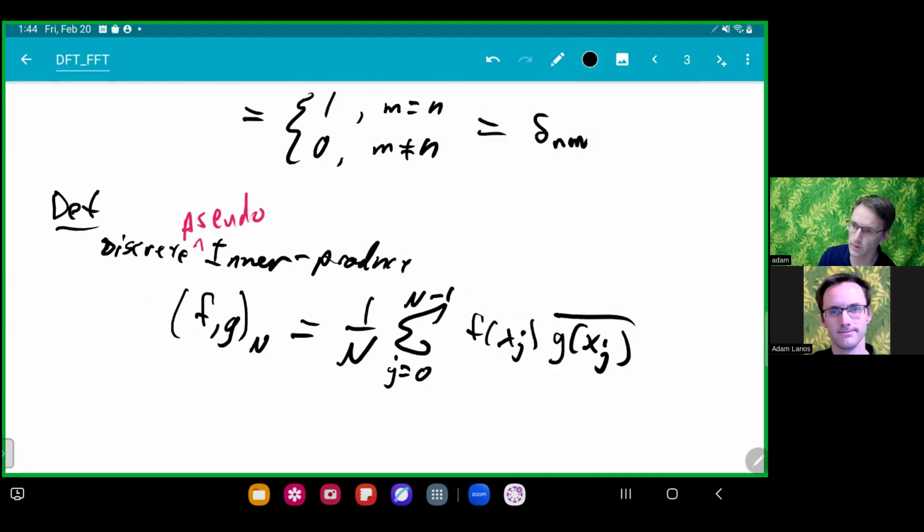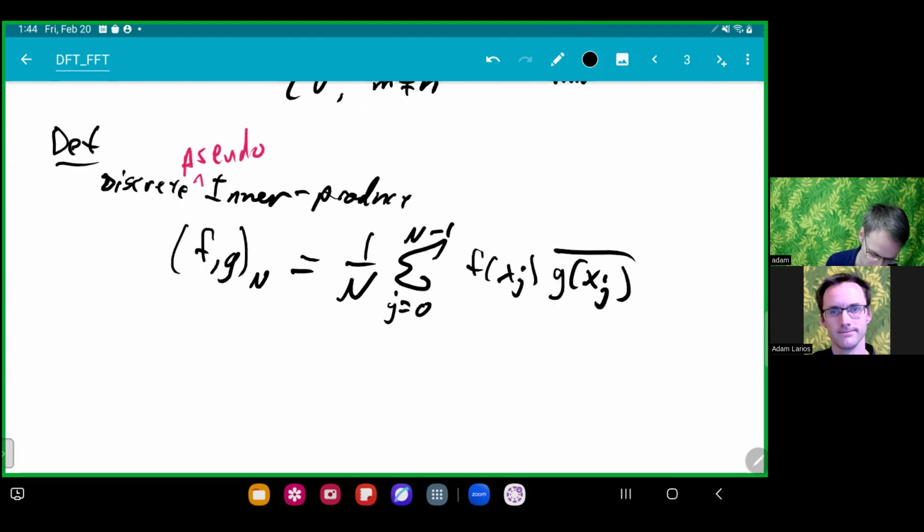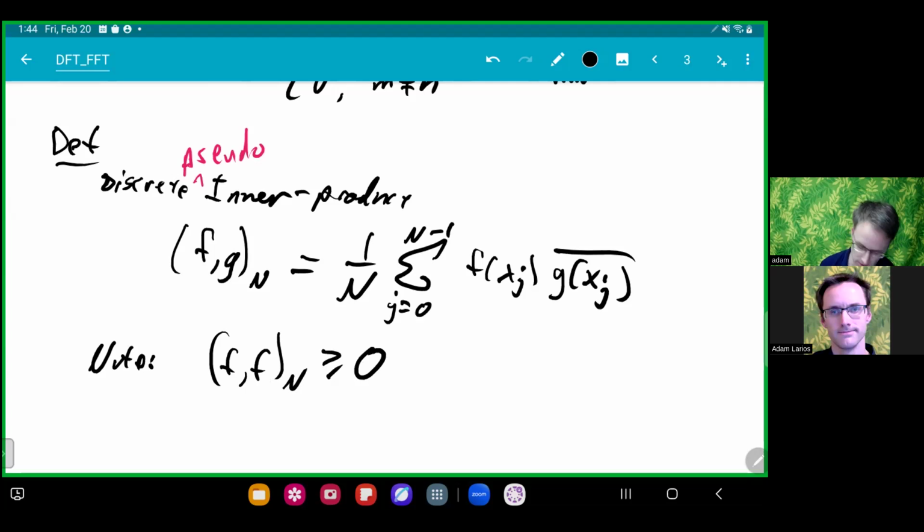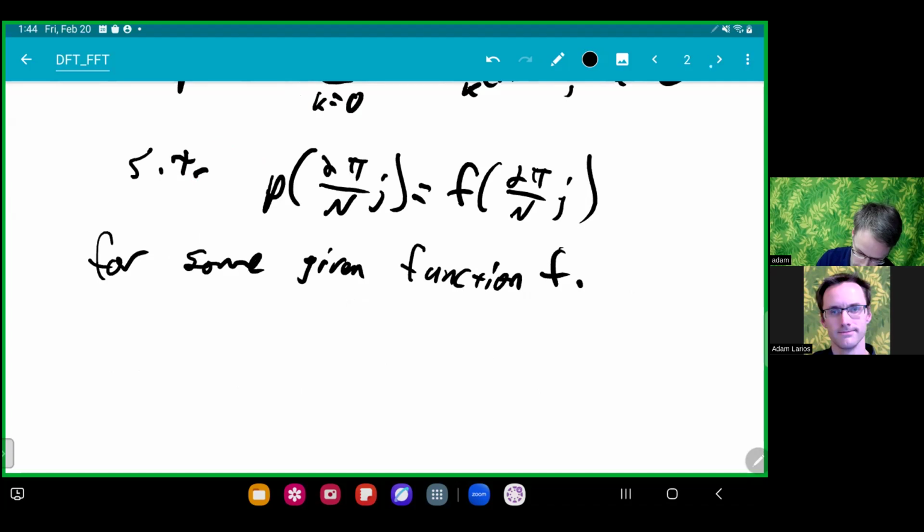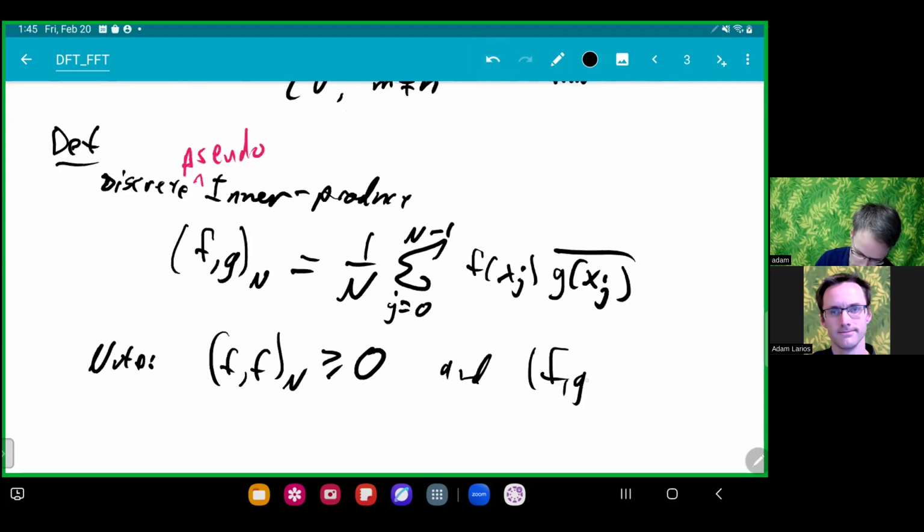But it does satisfy that f inner product with itself will be greater than or equal to 0, and we have the conjugate symmetry property that we're used to from a standard inner product.